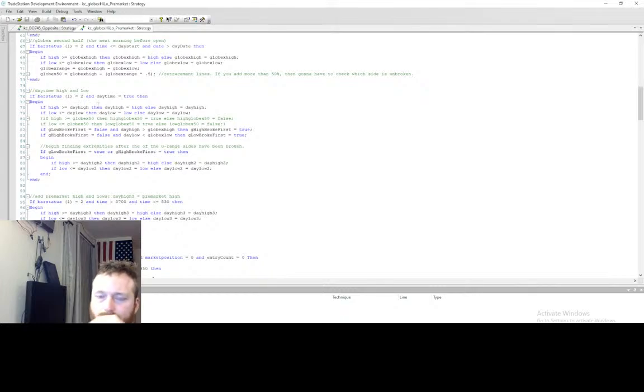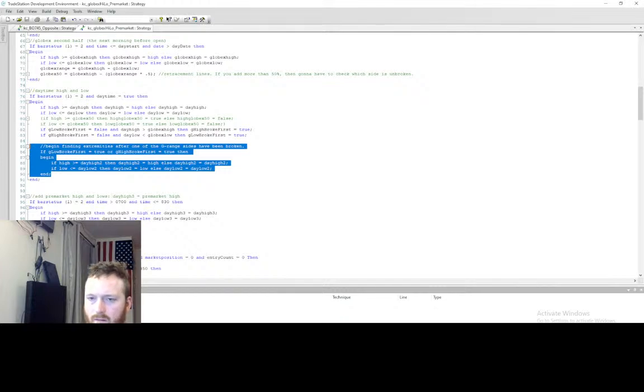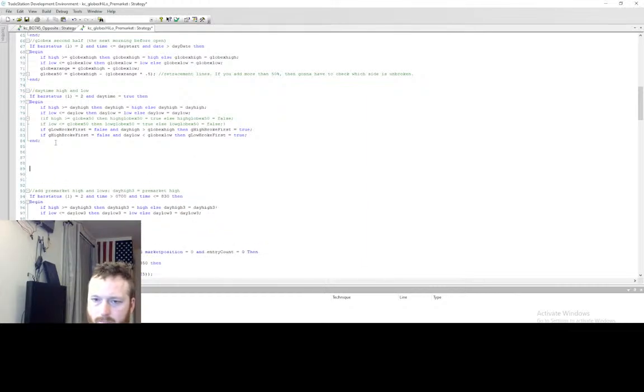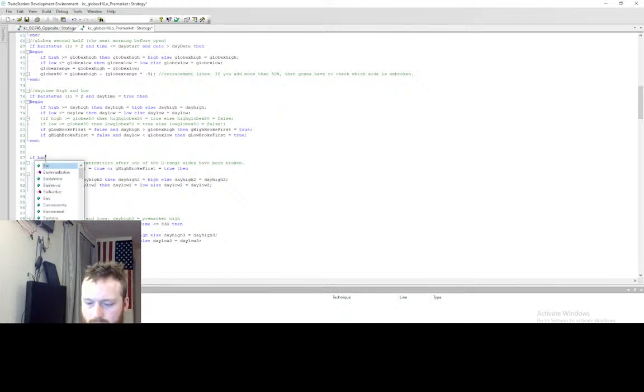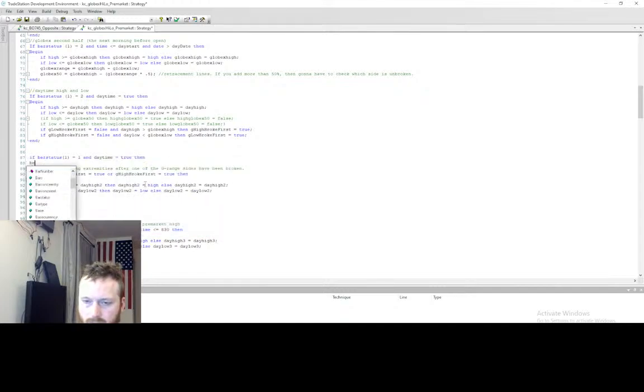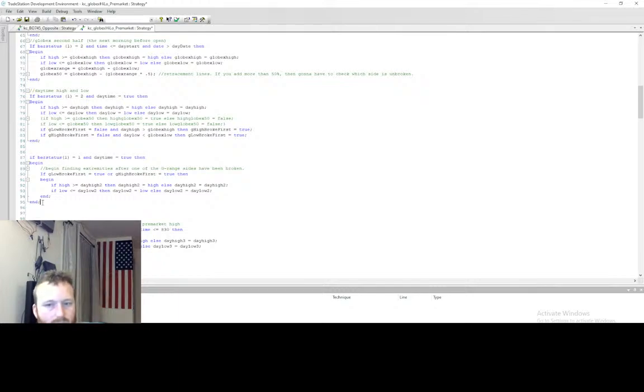Daytime high and low. I'm just making this be able to find the Globex low or high breaking intrabar.